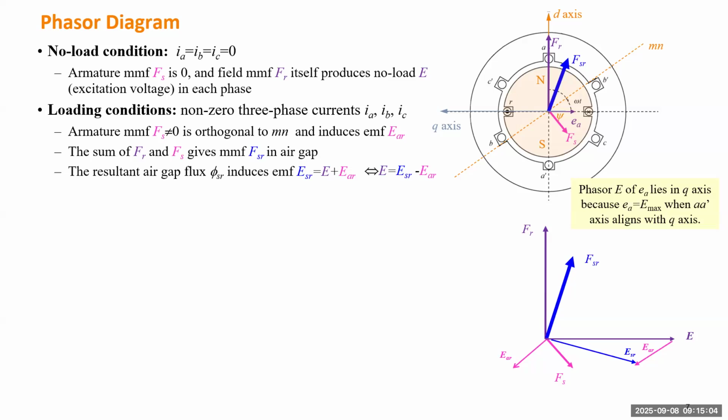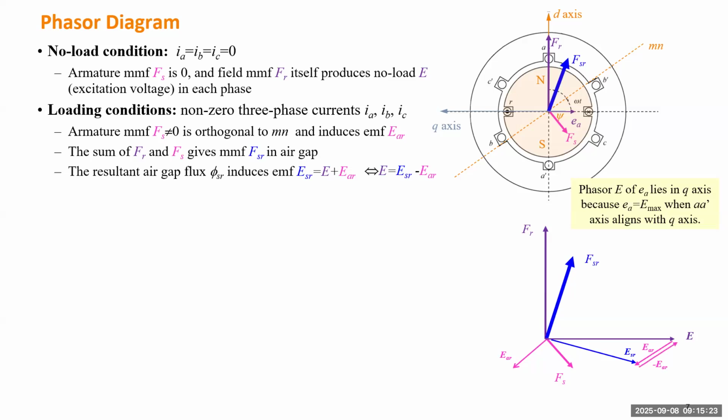Even the ESR is the sum of E and EAR, but in this triangle, this one is shorter. It seems to be this one and some voltage drop due to a load inside of the generator, and the total will be the internal E.